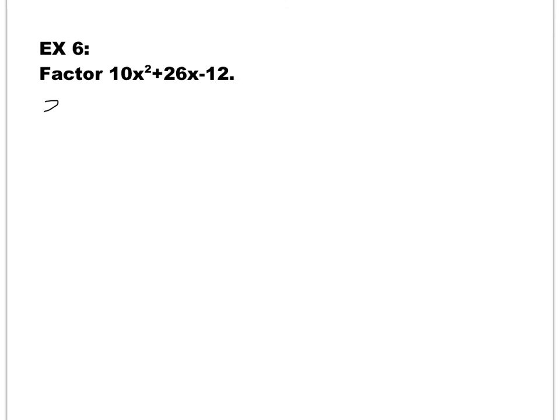So I can take 2 out, so I get 5x squared plus 13x minus 6. There is nothing else common, but the leading coefficient is not equal to 1, so I can't use the sum product method. Again, AC is equal to 5 times negative 6, which is negative 30.